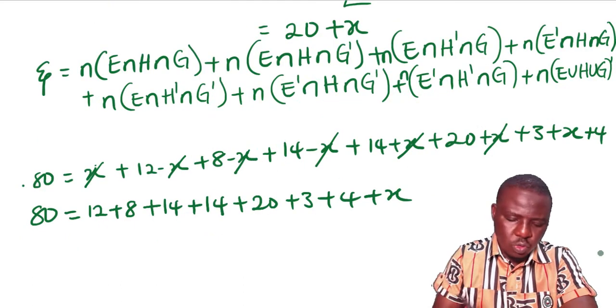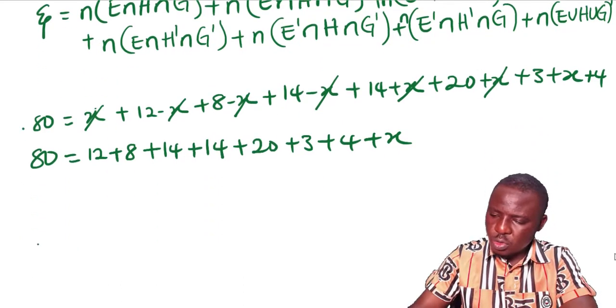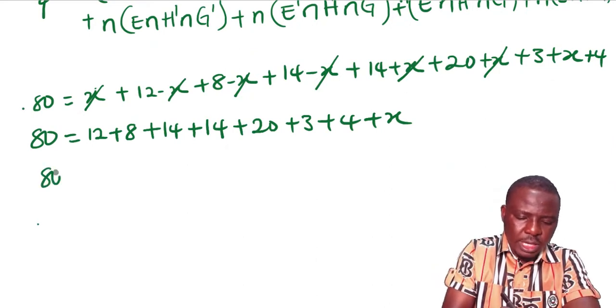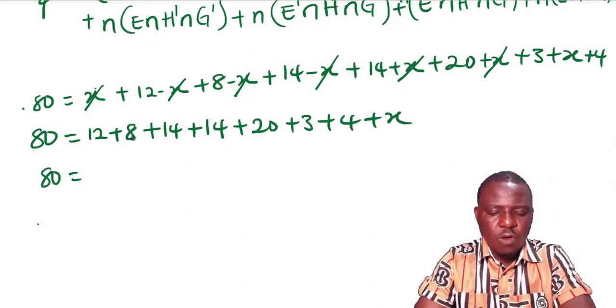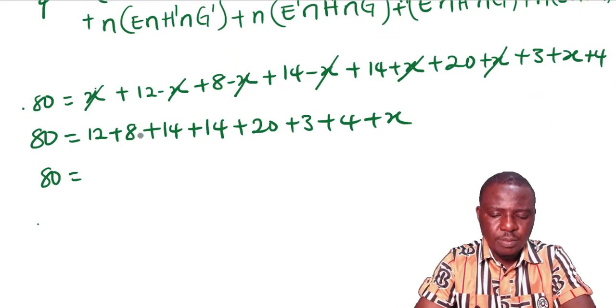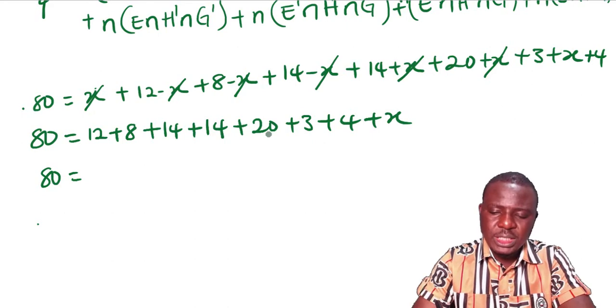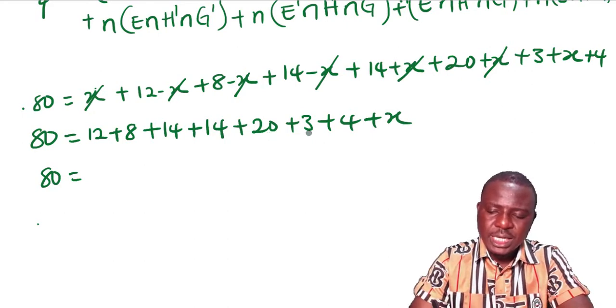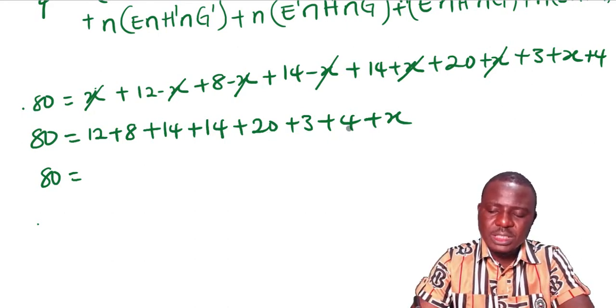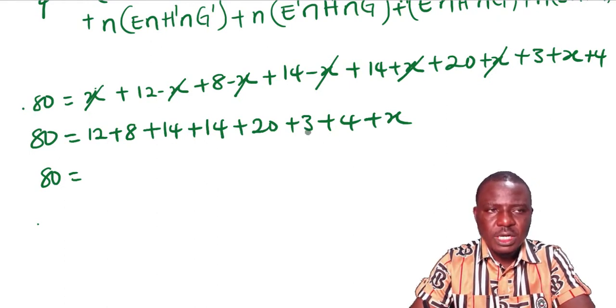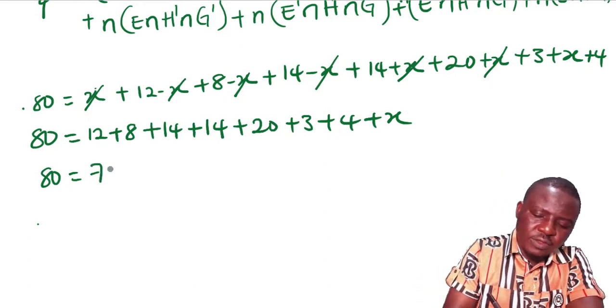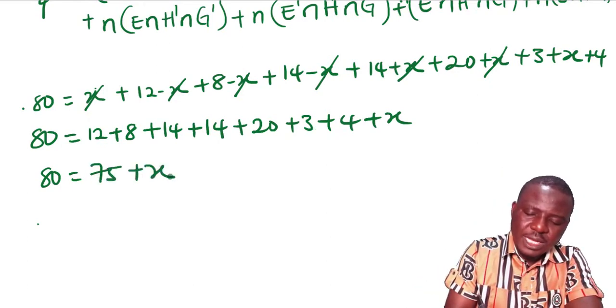All I did was to collect like terms. So 80 is equal to 12 plus 8 is 20, 20 plus 14 is 34, 34 plus 14 is 48, 48 plus 20 is 68, and 68 plus 7 should be 75. So we have 75 plus x.